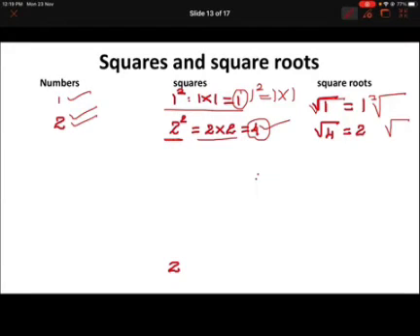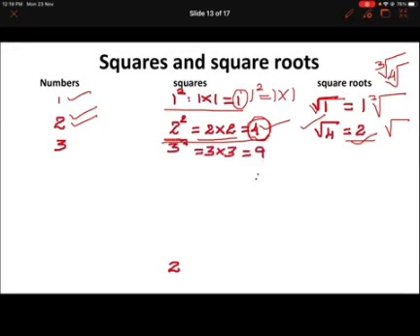Likewise, you can have cube root, fourth root, and so on. So, square root of 4 is 2. I hope you understood. 2 square is 4. Square root of 4 is 2. Just the opposite.